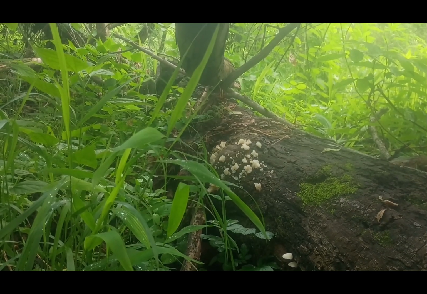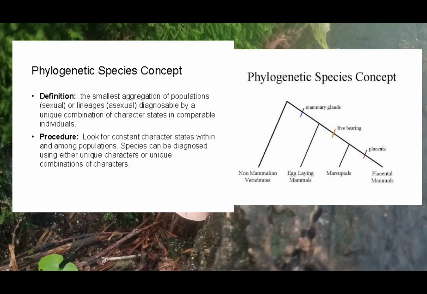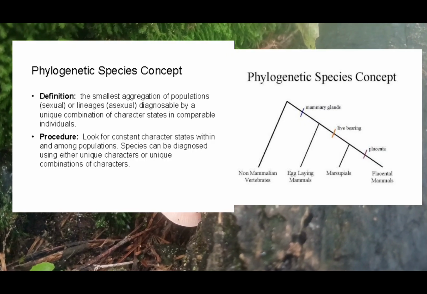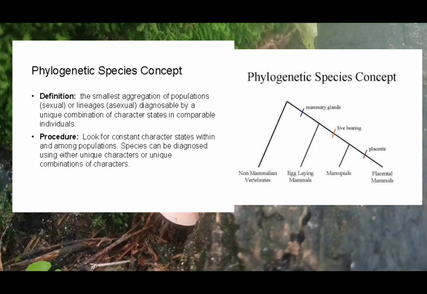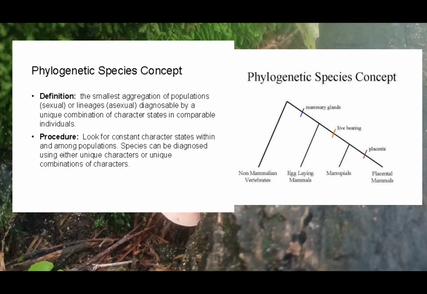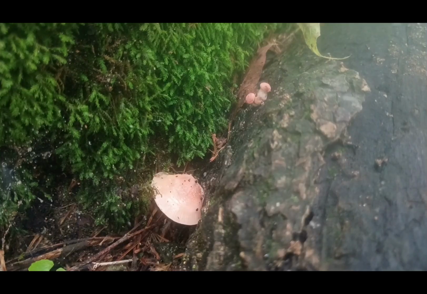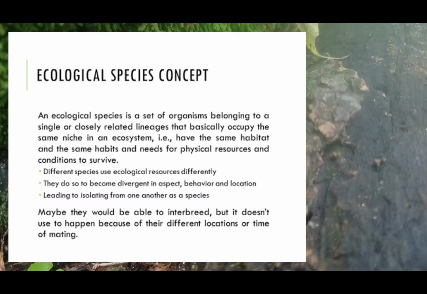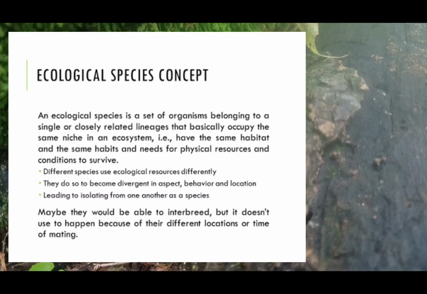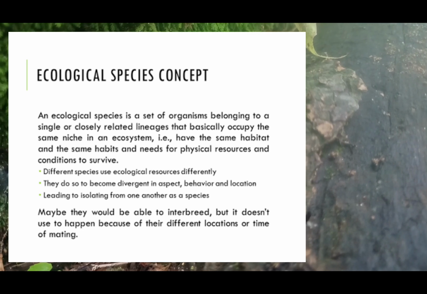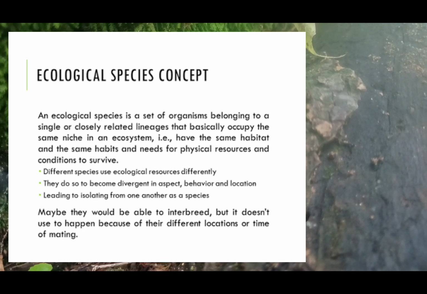Then you have the phylogenetic species concept, where a species equals organisms sharing a common evolutionary lineage. This is based on ancestry and evolutionary history, but the limitation is that complete evolutionary histories are often unknown. Then you have the ecological species concept, where a species equals organisms adapted to the same ecological niche. But the limitations are that many species occupy multiple environments during their life cycle.